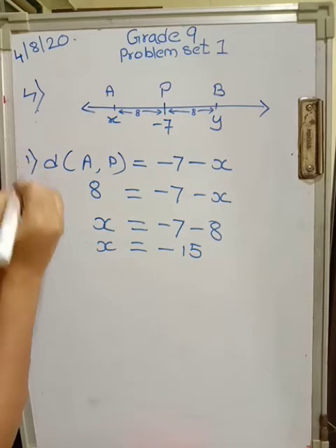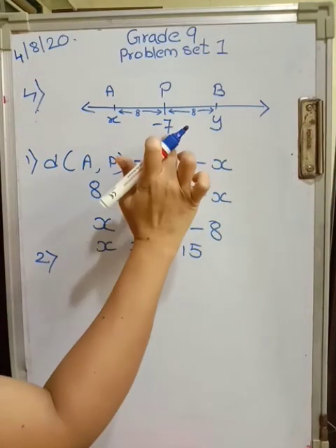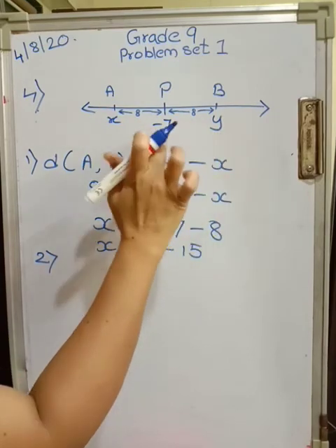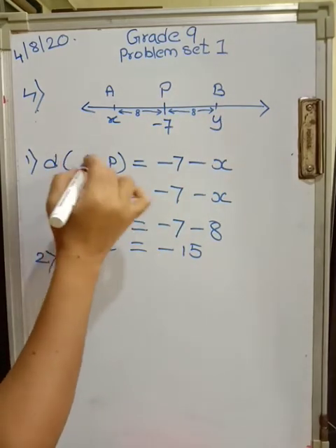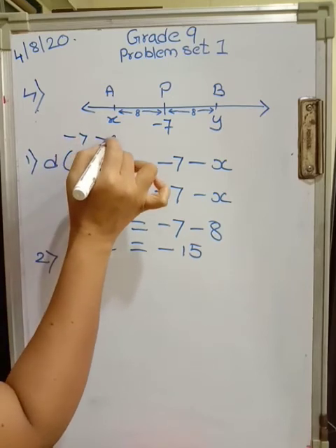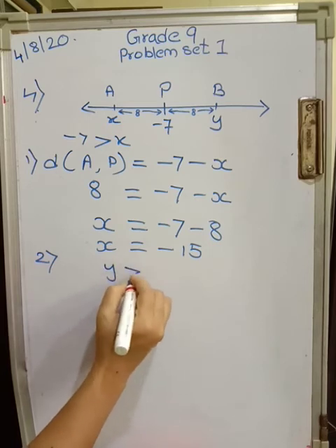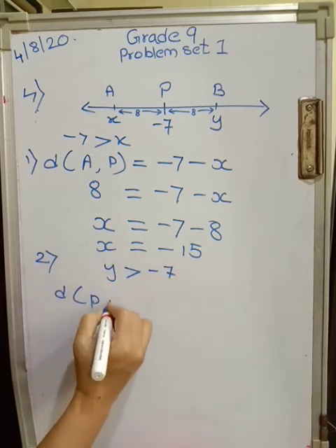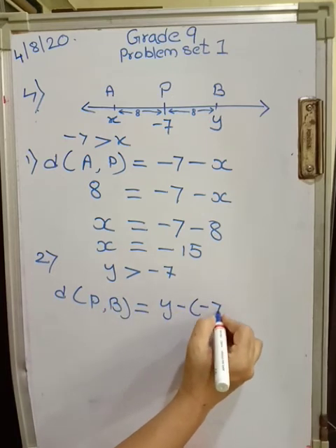This is the first case. Now second case, in this case, Y is lying towards right hand side of 7. So in this case, Y is greater than 7. In the first case, 7 is greater than X. Now in the second case, Y is greater than 7, and therefore distance PB will be equal to Y minus 7.